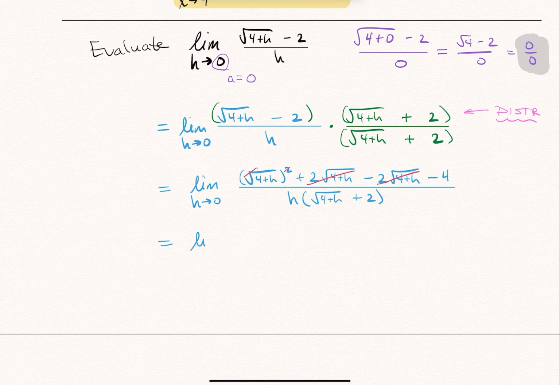And we have the limit as h goes to 0 of 4 plus h minus 4 divided by h times the square root of 4 plus h plus 2. Here we see the 4 minus 4 cancel. And now a lot of students want to start canceling everything right away because they see the end result coming on the horizon.